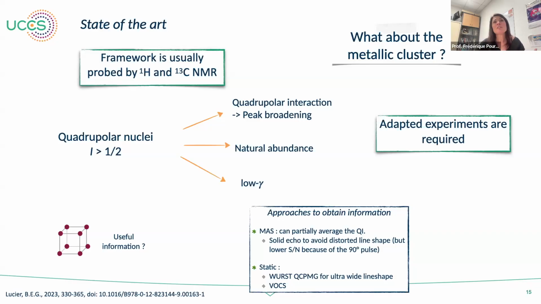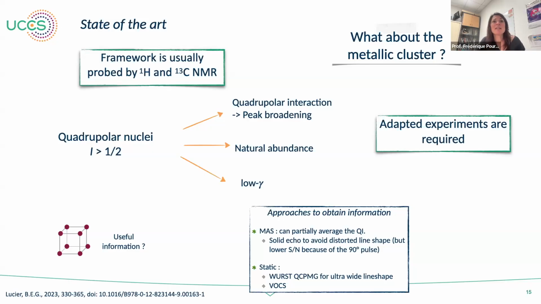All of these characteristics require adapted experiments and also high field magnets. But the question is, can we obtain useful information regarding the structure and the evolution of this metallic cluster when you look at these quadrupolar nuclei?